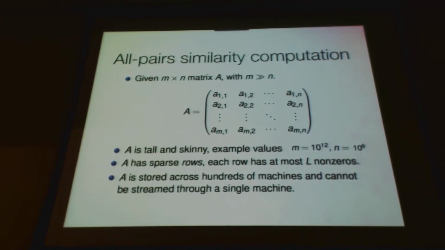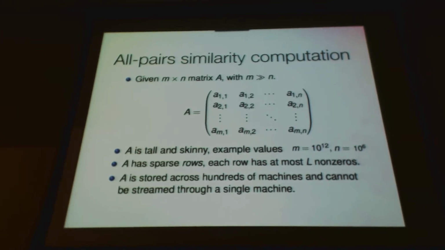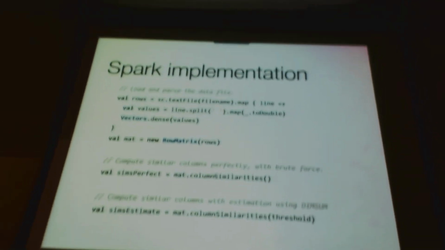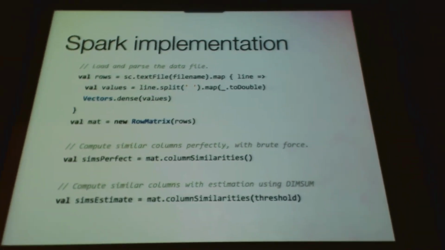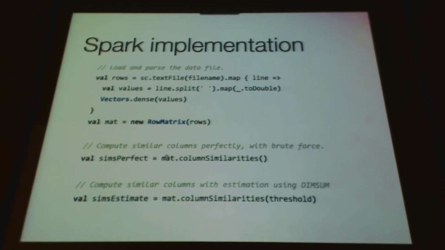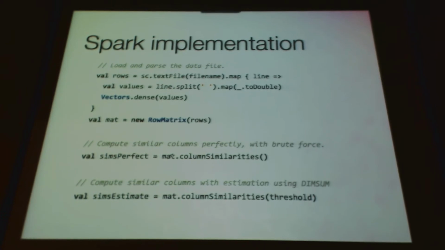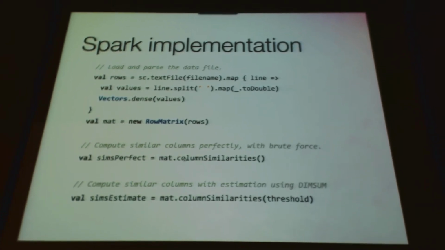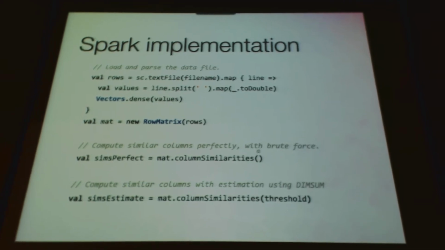Of course, I'm not going to expect you to implement this or deal with it in your code. It's just there as a matrix call. You load up a RowMatrix, the same one you could call computeSVD or computePrincipalComponents on, and then you can call columnSimilarities, which will compute it with brute force.